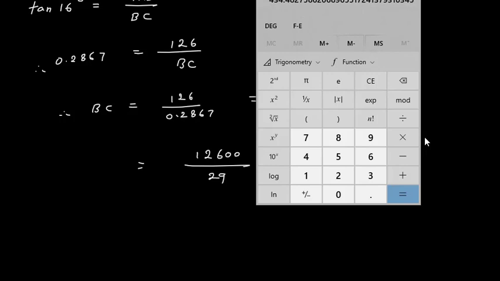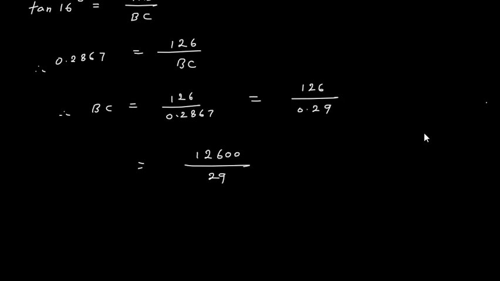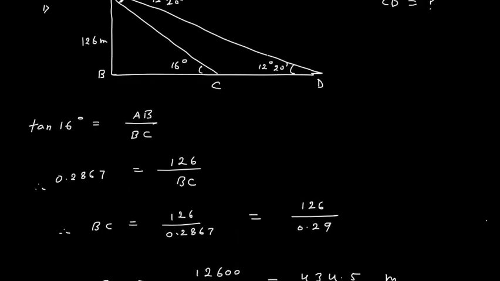Now if you see, we have increased the denominator from 0.2867 to 0.29, so the answer which we will get will be slightly smaller than what it should be. So I can take this as 434.5. Okay, this is the approximate value of BC, this much meter.